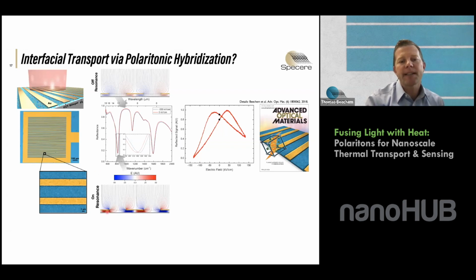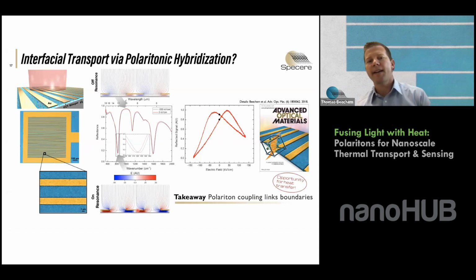But at resonance, you clearly see the formation of this resonance here, where we've effectively got an enhanced field such that the top interface is talking to the bottom interface. Okay. And if we think about that from the perspective of thermal transport, what we're really saying, of course, is that we have a gap plasma polariton. Like that's what we call it in nanophotonics.